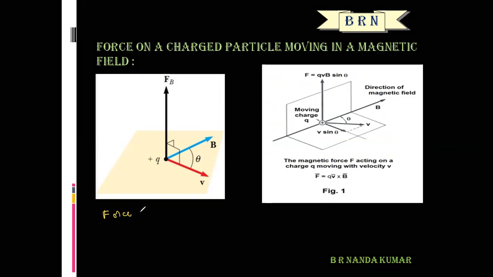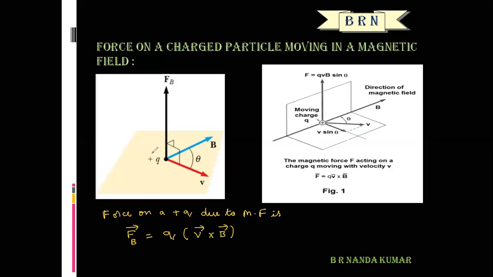It is given by Lorentz: F_B vector is equal to Q of V vector cross B vector.